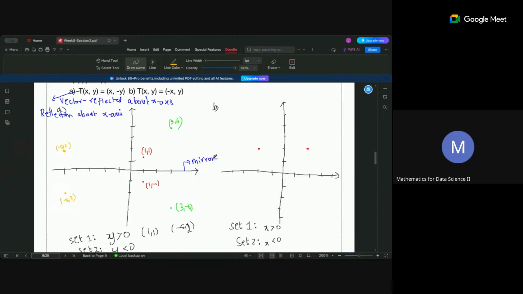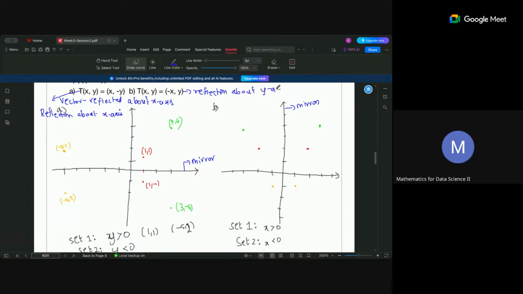And then if I am taking maybe minus 1 comma minus 1, the image is here, right? And if I am taking 3 comma 4, then you see that it is minus 3 comma 4, right? So here you see that this is your mirror now. Okay, so this is your reflection about y-axis.